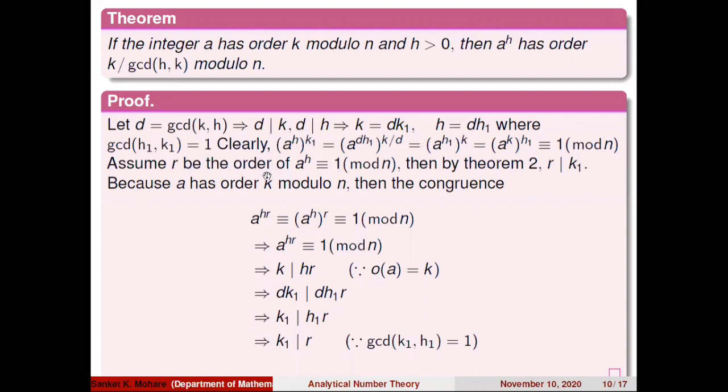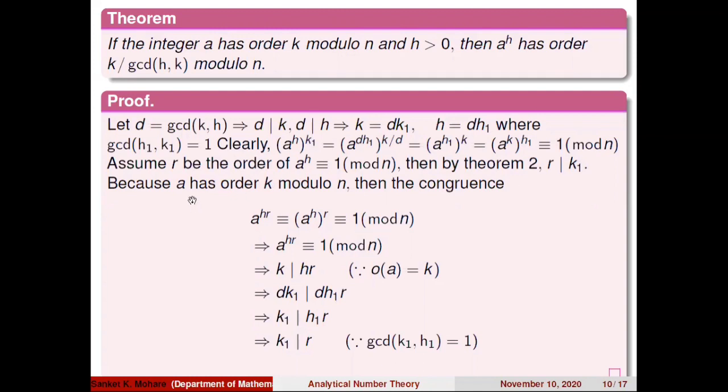I repeat: if K is the order of A and A to the power H is congruent to 1 modulo N, then K divides H. Here R is the order of A to the power H, and as (A to the power H) to the power K1 is congruent to 1 modulo N, R divides K1. So here we obtained R divides K1.